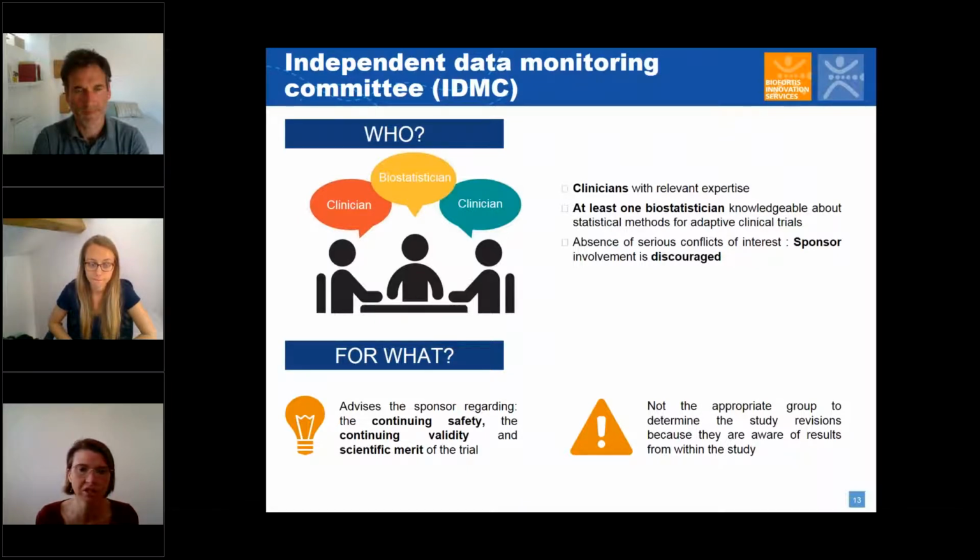DMCs typically include clinicians and at least one biostatistician with expertise in clinical trial and interim data analysis. Members should have no financial or intellectual conflicts of interest. Based on review of data, the DMC provides the sponsor with recommendations regarding study modification, continuation, or termination.